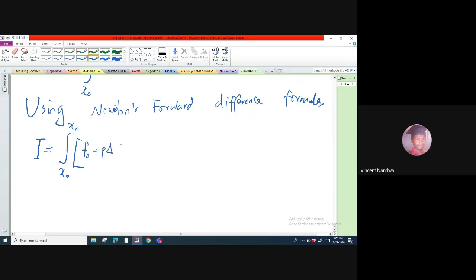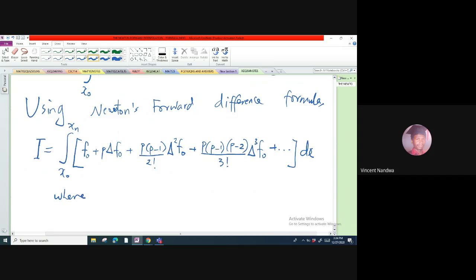We have seen it before, how we derive Newton's forward formula. Where x is given by x naught plus ph.